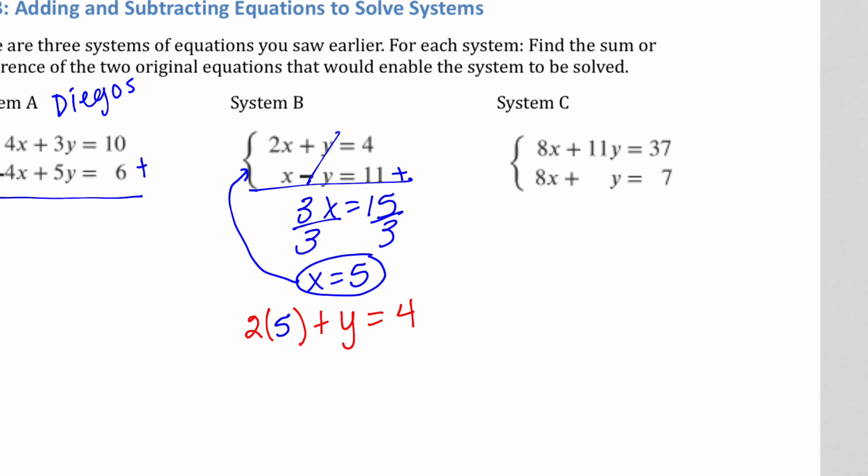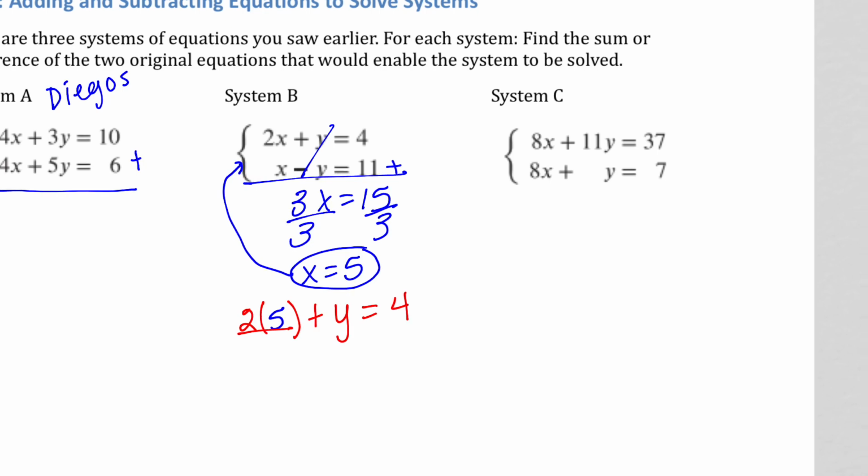Times 2 and 5. What is 2 times 5? 10. Okay, now what do I do? Minus 10.